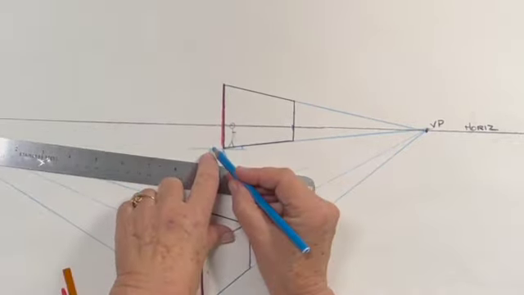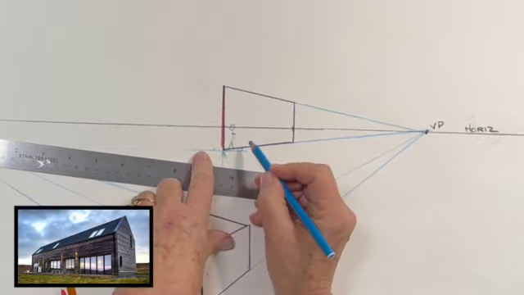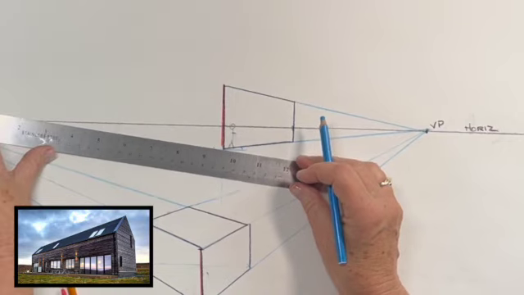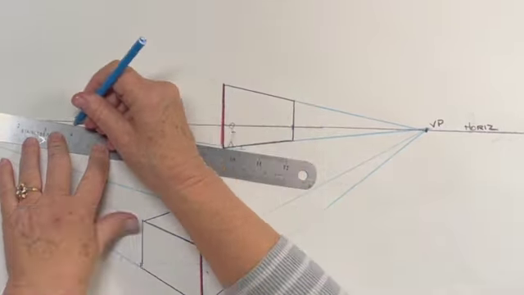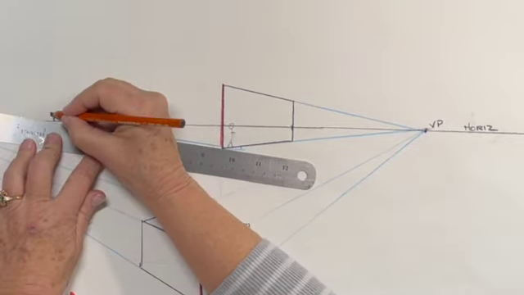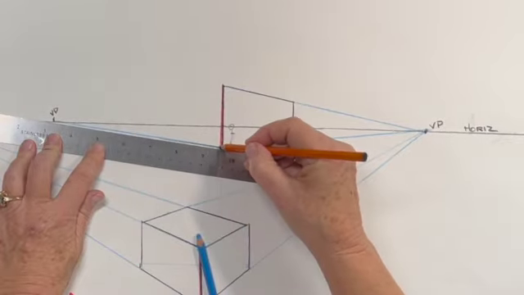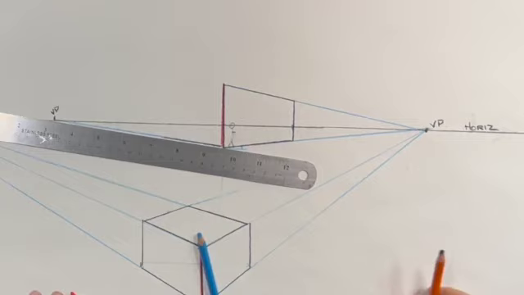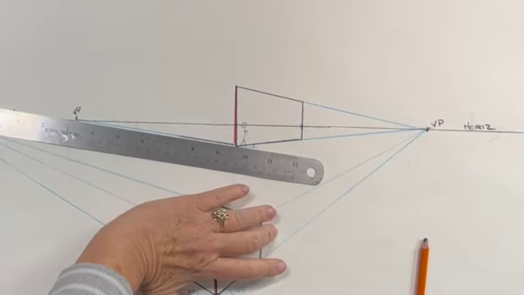About 10 degrees between this perpendicular line and the bottom edge of the house here. We've determined that angle. Boom. We now have our vanishing point for anything that is parallel in reality to this line. Anything. These are two separate drawings. This is not the same anymore.